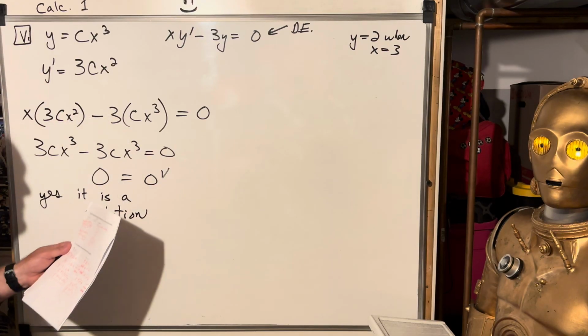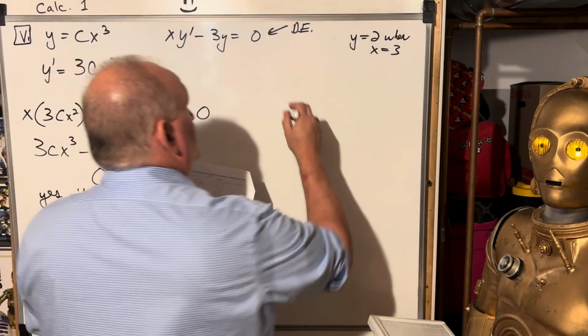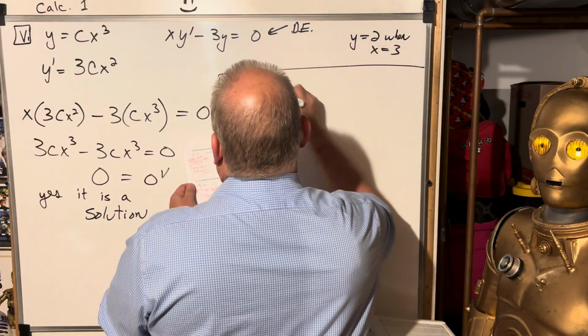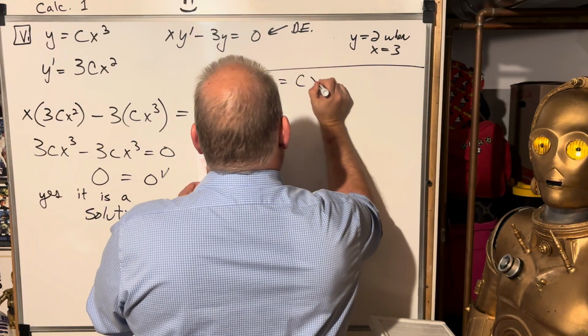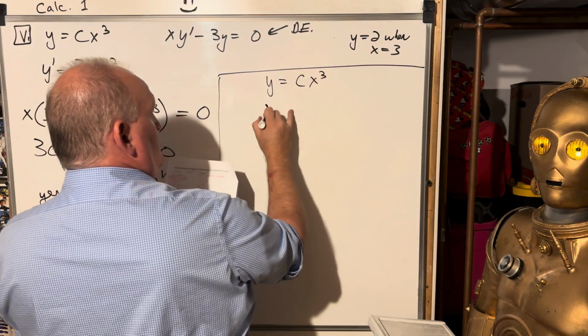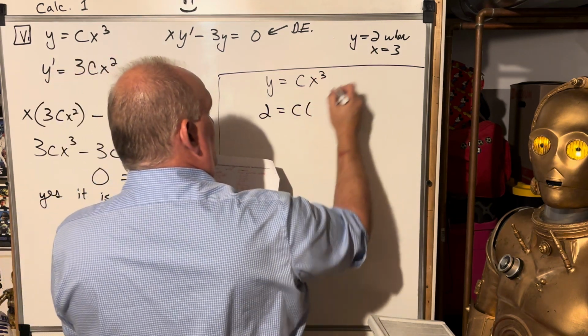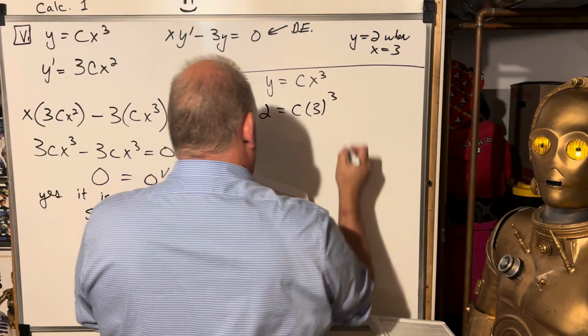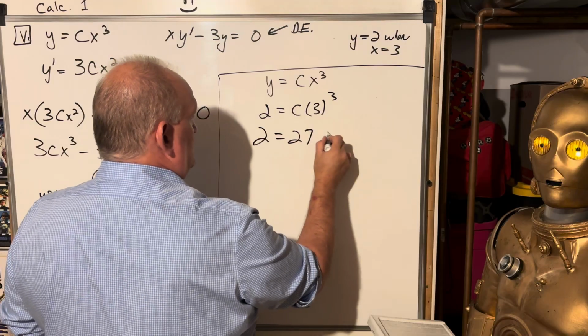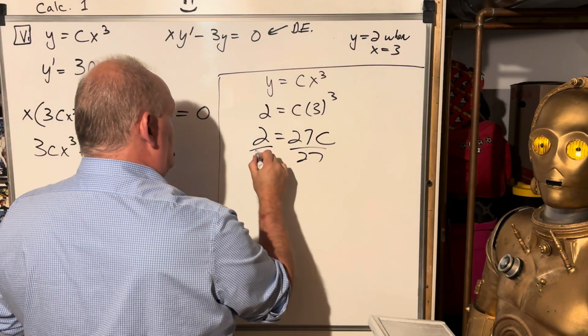All right, now find the particular solution. So we're going to take y equals cx cubed, and we're going to put in 2 is equal to c times 3 cubed. And so 2 is equal to 27c divided by 27.